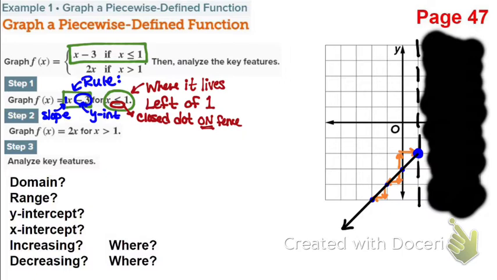All right. Now I want to come down here and graph this guy. Let's look at those pieces. We're going to graph 2x for x is greater than 1. Which side am I talking about now if I'm saying it's greater than 1? Right side.